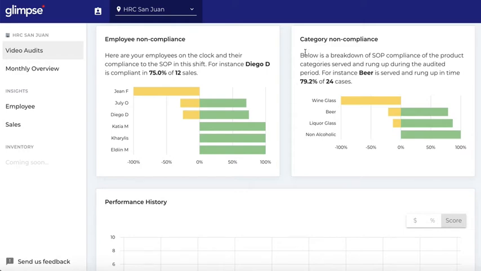And on the right side, you will be able to tell which categories were the most non-compliant, rung up or served late. In this case, the wine glasses were most non-compliant: 4 out of 4 sales that were audited were outside of that time window.